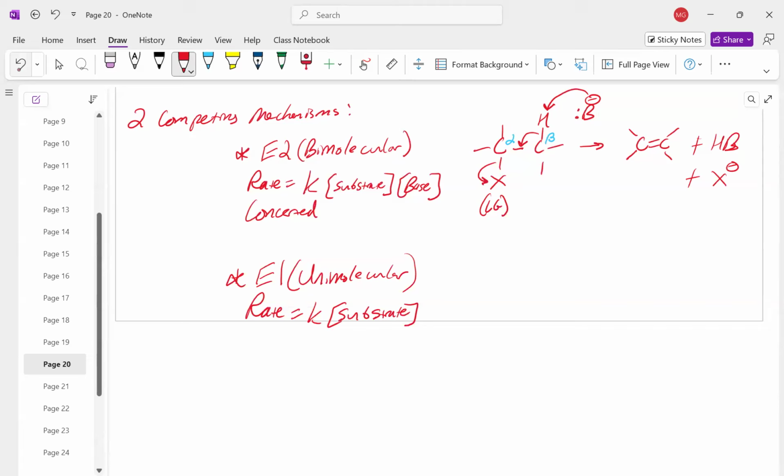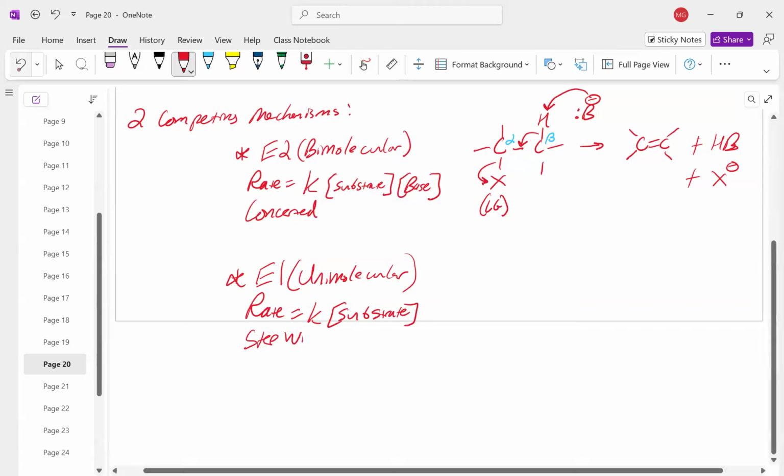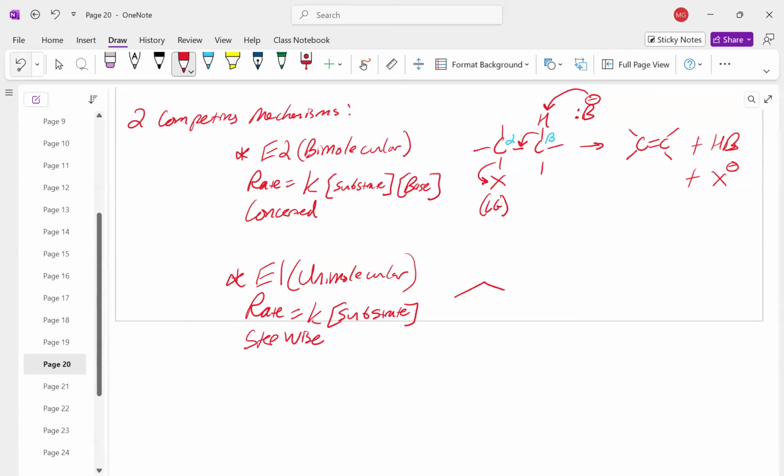And like SN1, the reaction is stepwise. In fact, the first step of an E1 reaction is the same as the first step of an SN1, where the leaving group leaves. And that's the rate determining step because we're forming a carbocation.